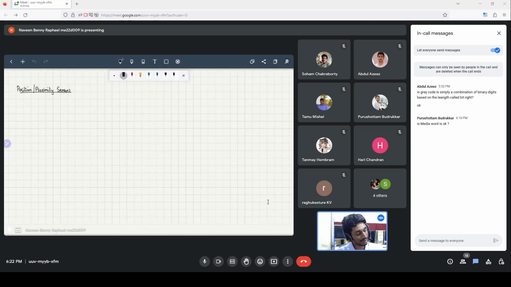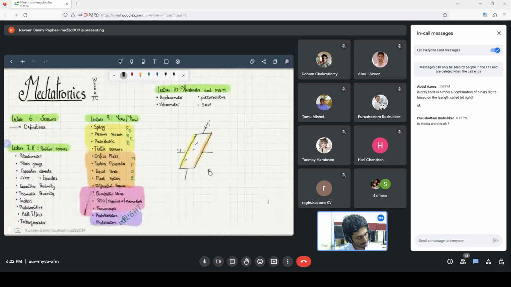In fire alarms, I can draw here, there's a circuit, and one part of the circuit contains a bimetallic strip, which I'll represent like this, and on the other end is a switch. As it becomes hot, the bimetallic strip will bend and thus touch the switch. When it touches the switch, the circuit is closed, and therefore the fire alarm will start ringing. So bimetallic strips are useful in these applications.